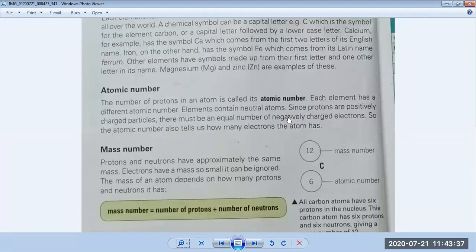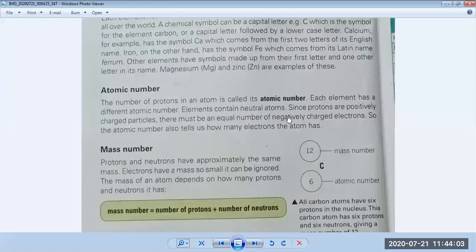So first of all, you have to keep in your mind the structure of an atom. In the center of every atom is a nucleus, and there are two types of particles. First are positively charged particles, called protons, and the atomic number of that element is equal to the number of protons. The other particles present in the center of the nucleus are called neutrons, and they have no charge.